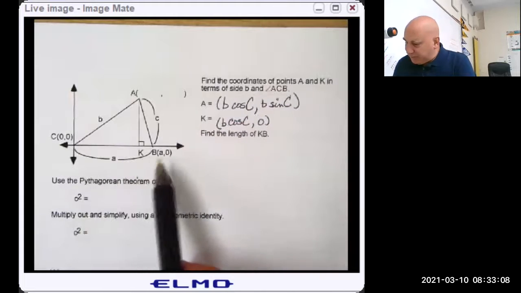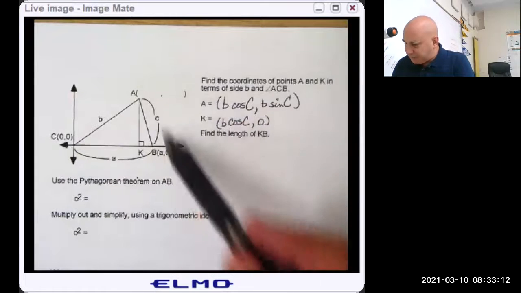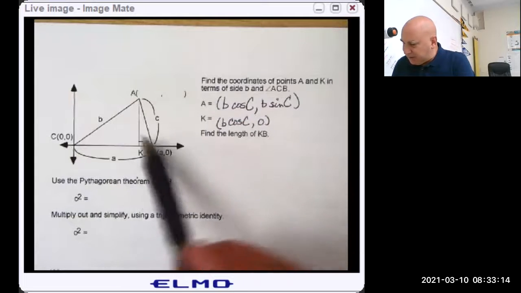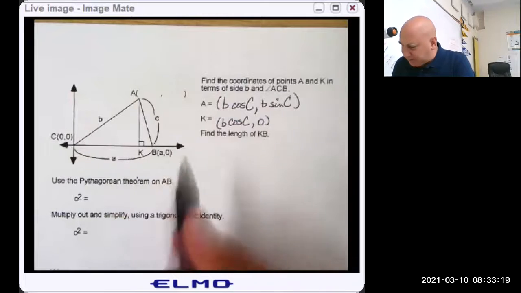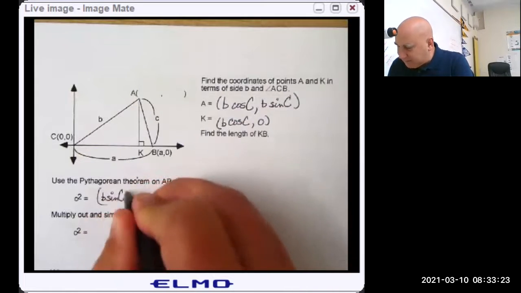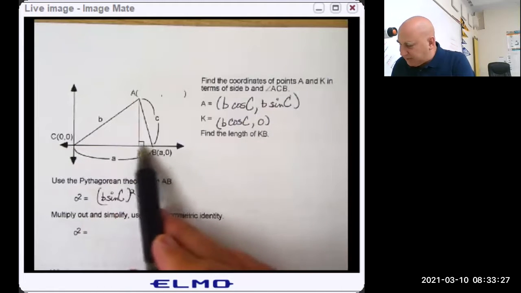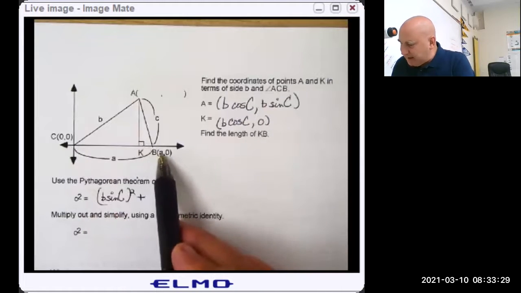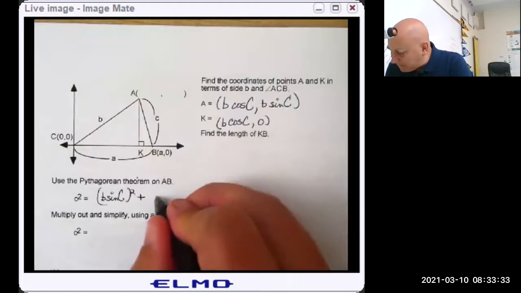Pythagorean theorem on AKB. So c squared equals this squared plus this squared. Well, this squared is b sine C. And this squared is a minus b cosine C.